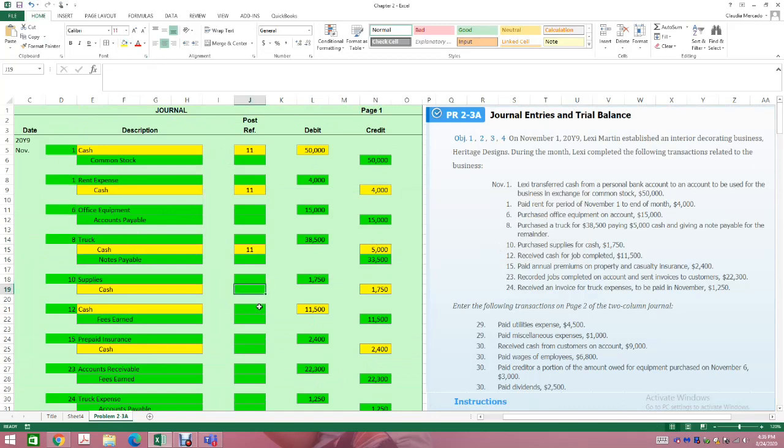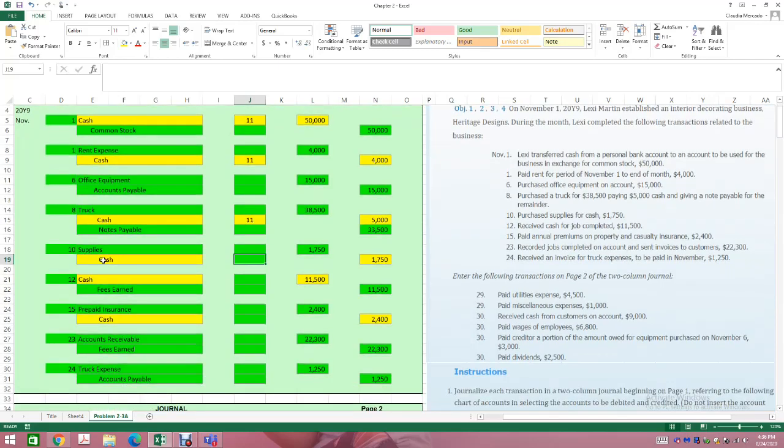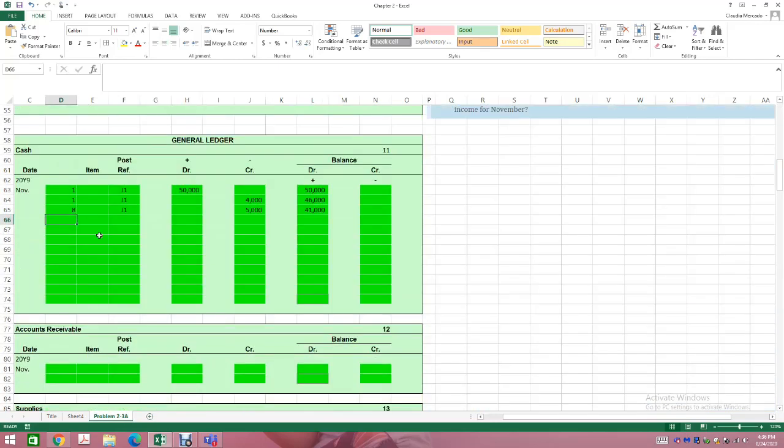The next transaction we have is on the 10th. On the 10th, we have cash, and it's a credit of $17.50. So on the 10th, we've got journal 1, and cash was a credit of $17.50. We enter it in the credit column, and that means it needs to get subtracted.